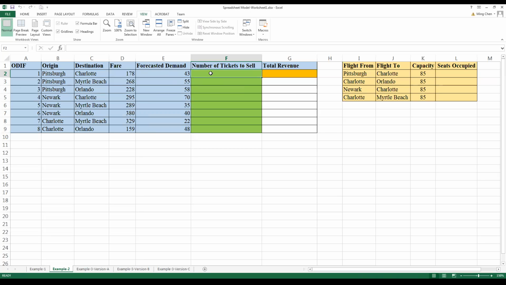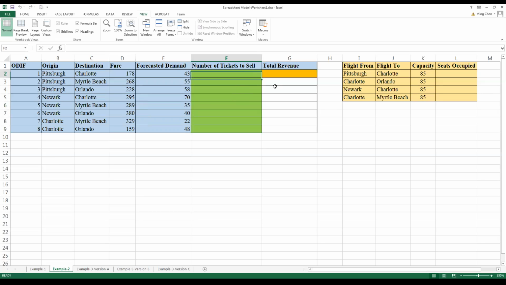Of course, if we have enough seats, we are willing to sell 43 tickets, but oftentimes we may not have enough seats to serve every passenger. So you may not want to sell exactly 43 tickets. You probably want to sell fewer than that because of limited capacity. So this is a decision we have to make: how many seats you want to sell for different OD pairs.